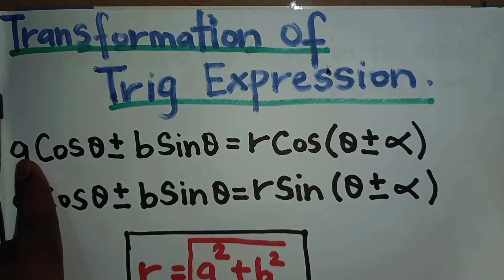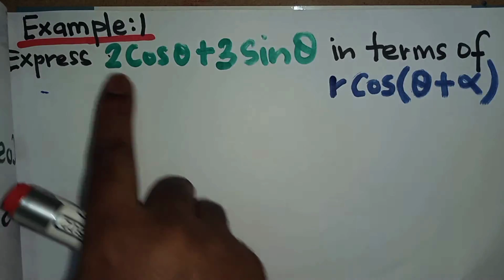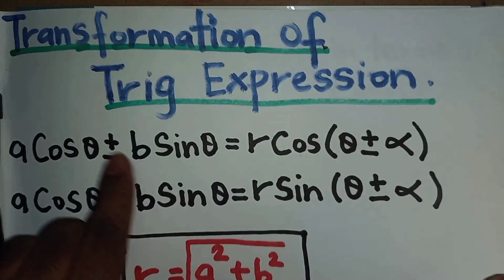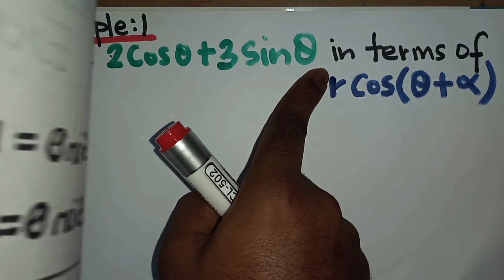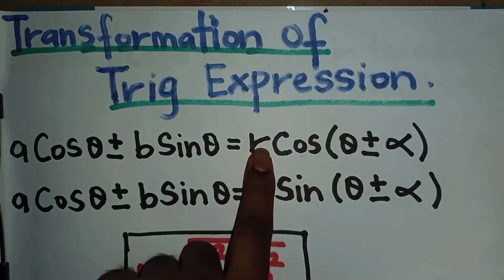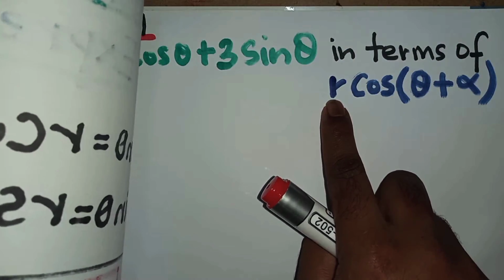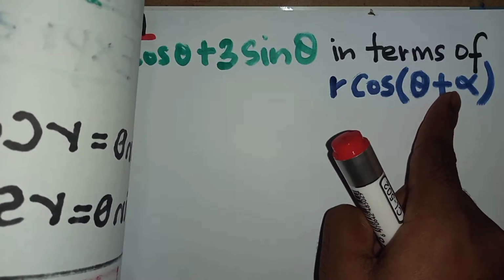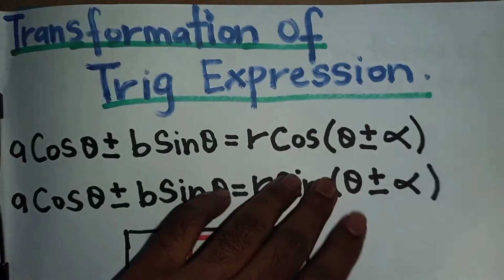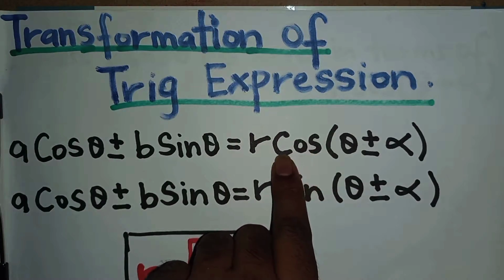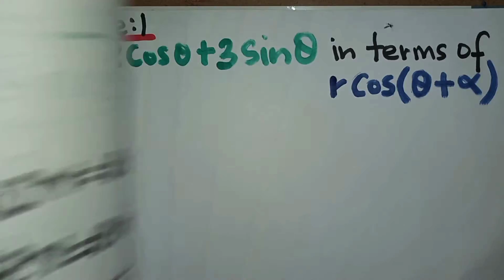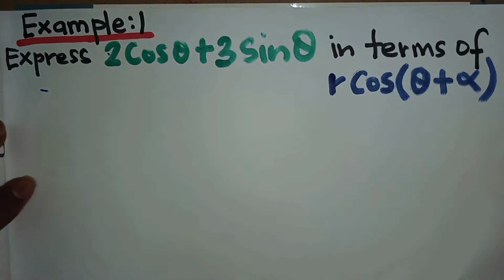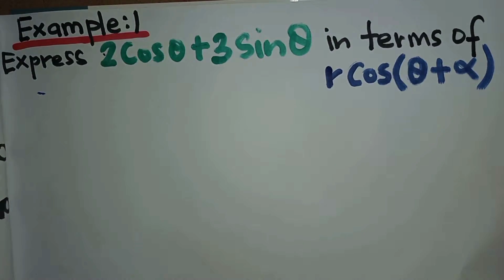We are given in terms of a cos theta plus b sine theta, and we have to express in r cos theta plus alpha. So let's do this now.